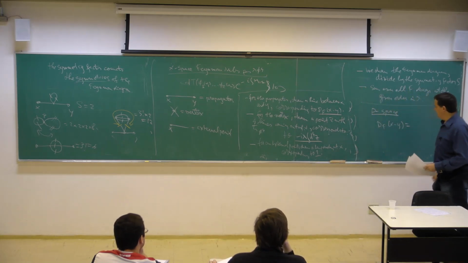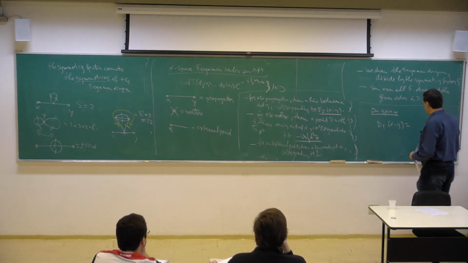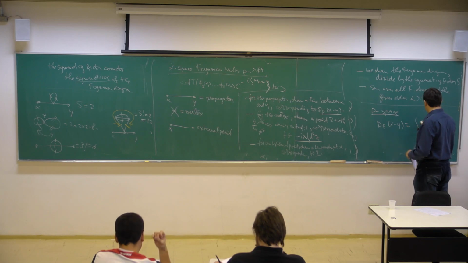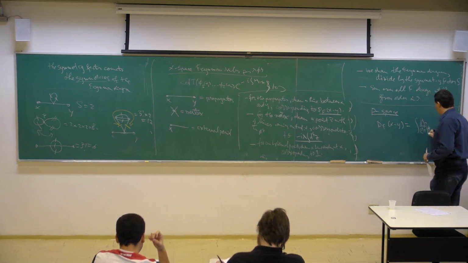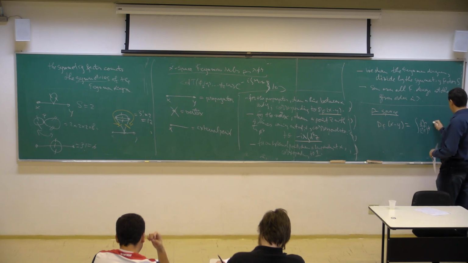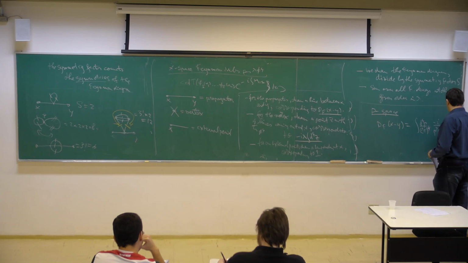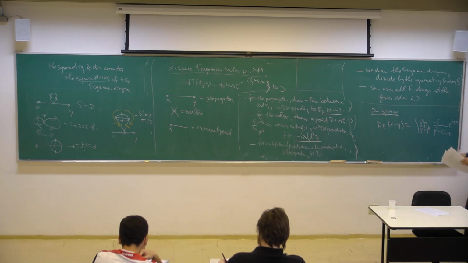So let's see what happens in momentum space to each of them. So the Feynman propagator, we calculated it as an integral over momenta, and we saw that it was this, right?